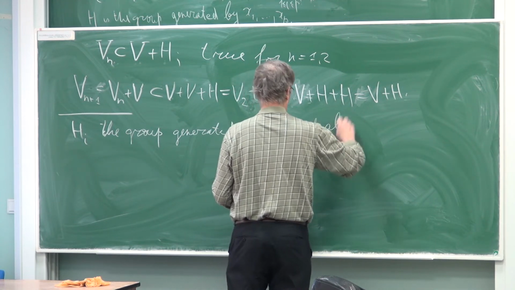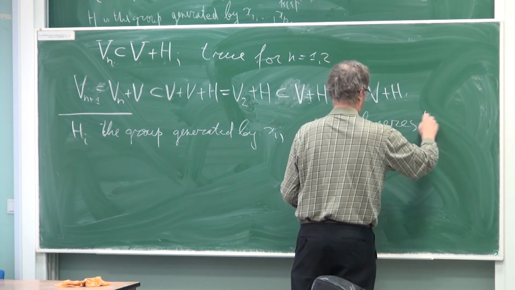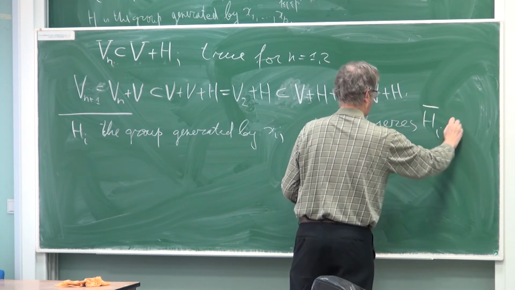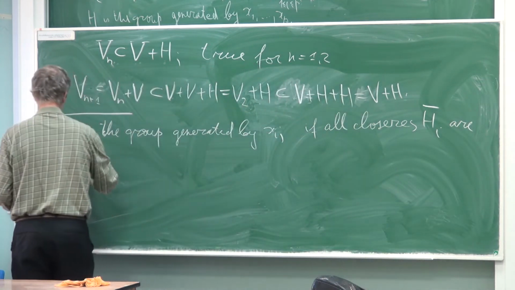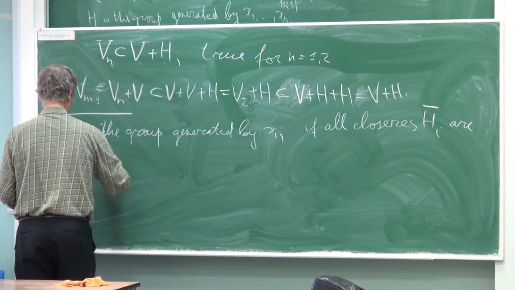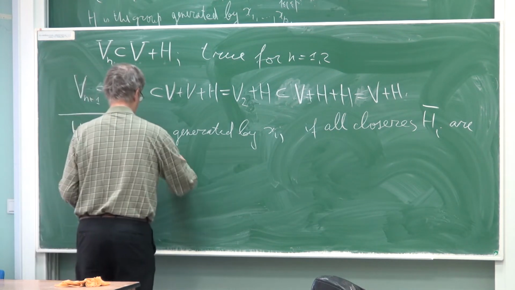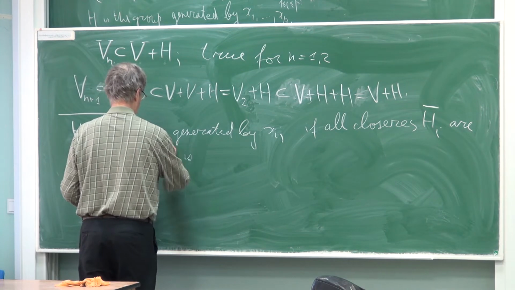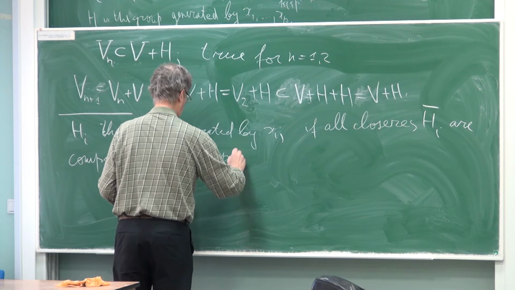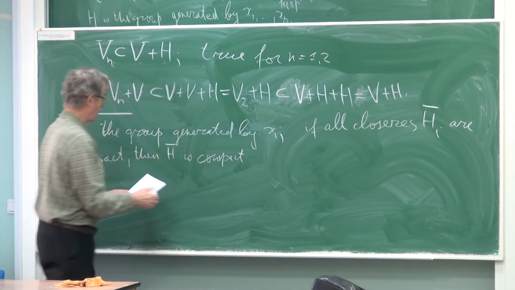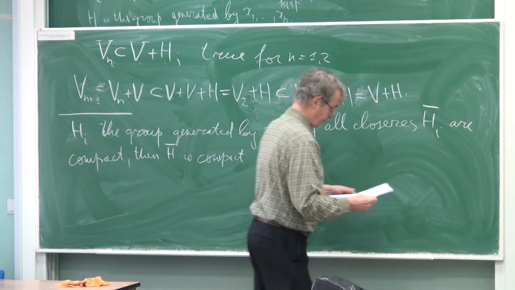If all closures hi bar are compact, then H bar is compact, because it is included in the sum of these groups hi bar.